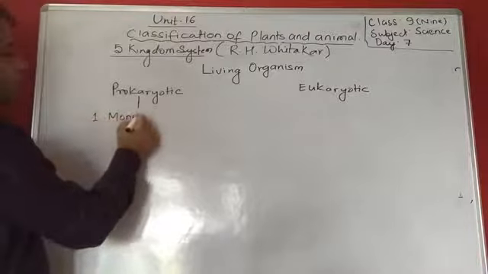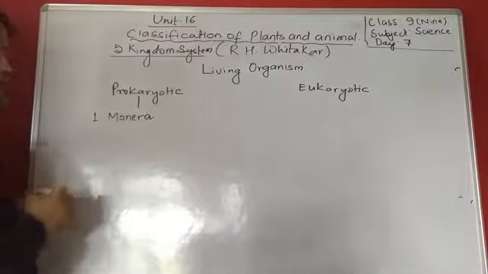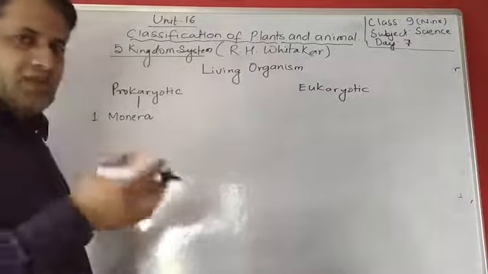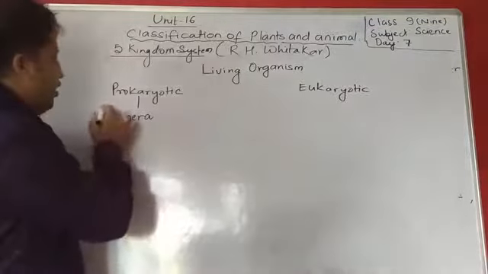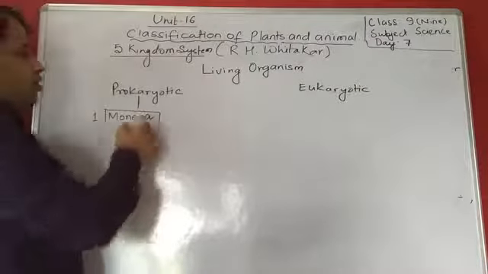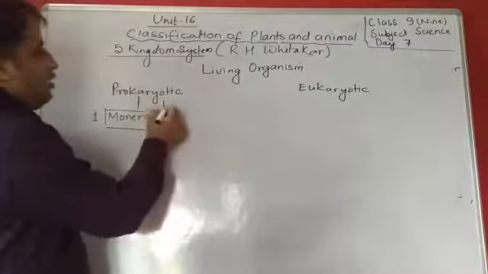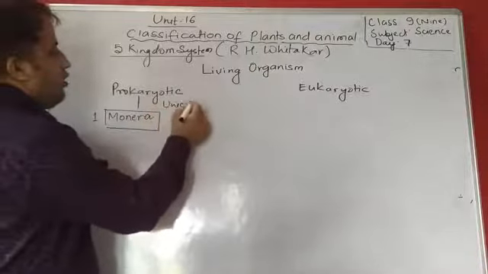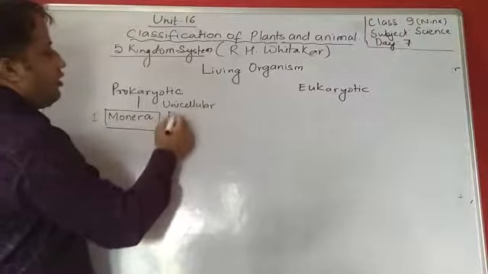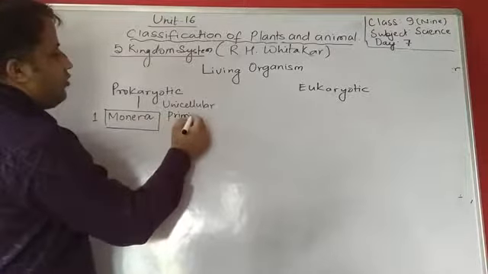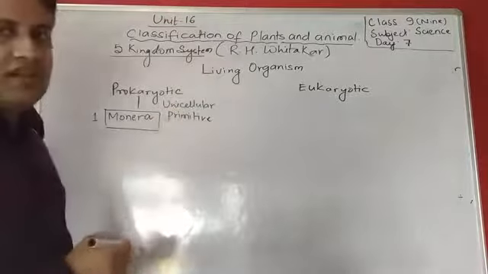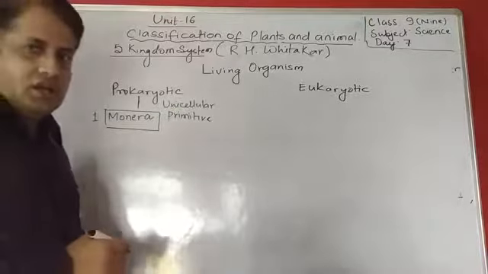So all those organisms which were having a primitive type of cell are placed in monera. Okay, and these organisms are unicellular, and they are the primitive type of organism, or we can say they are the first living organisms that came into existence on the earth.